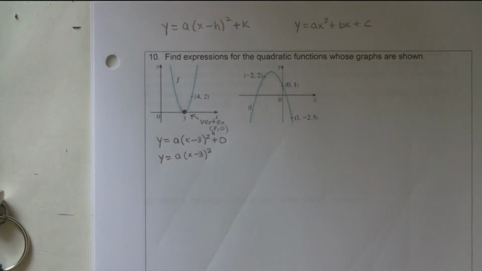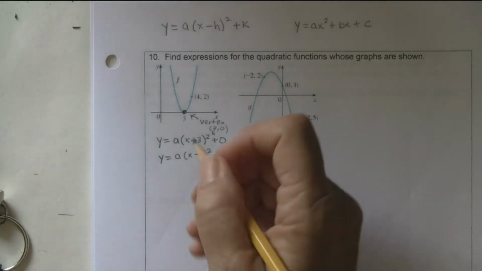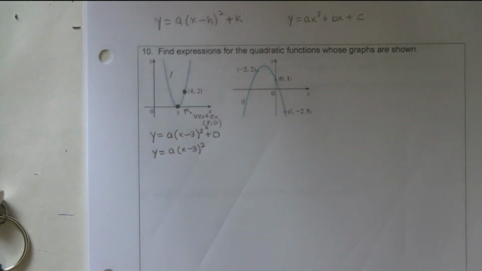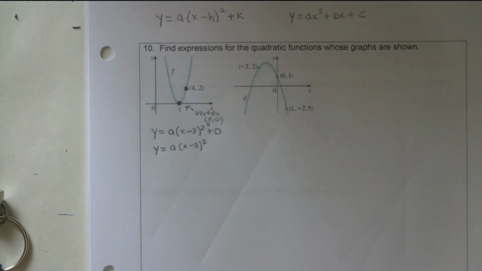And I need to find the value of a, and I haven't used all the information that they gave me. And so I hope that you're thinking, how can I find the value of a? a is a constant, where x and y are not constant, but I can use a particular value for x and y, which I'm given right here, to find out what a is, because a is constant for this parabola.